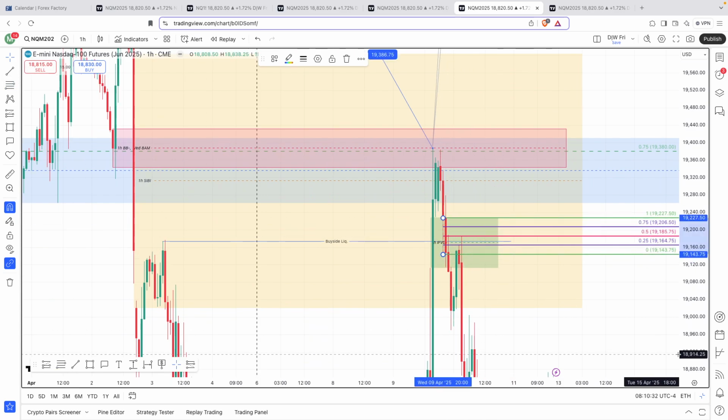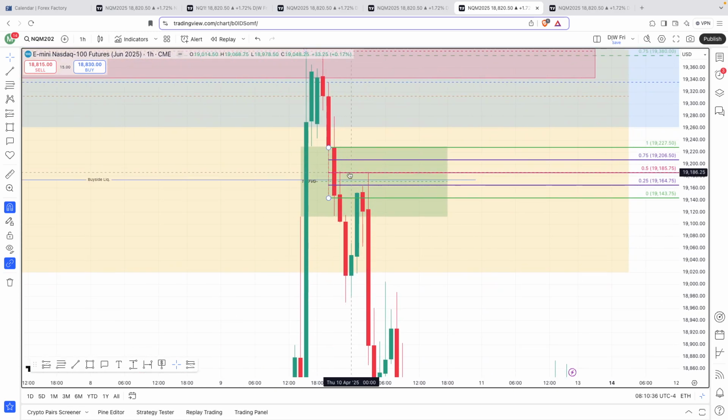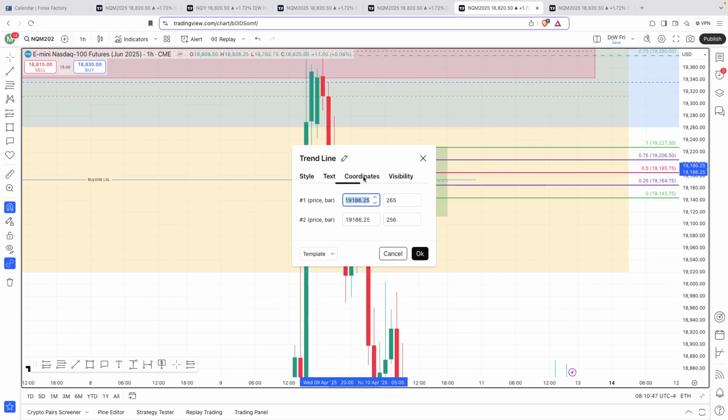We can take this tail. Notice if we take this tail, how this is the consequent encroachment of the tail. And then here, I can go lower. It respects this level, 185.75.